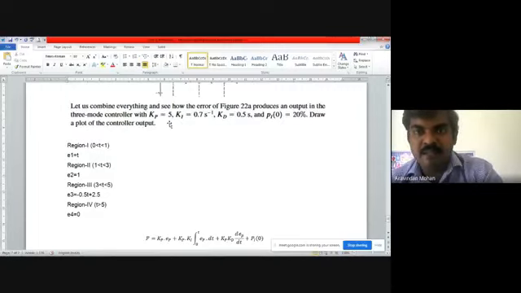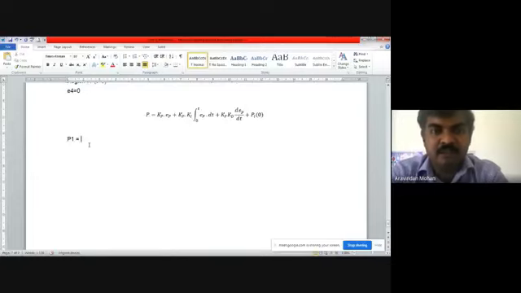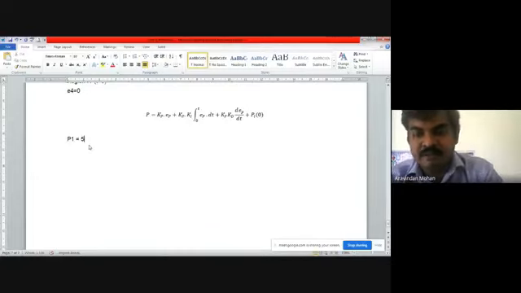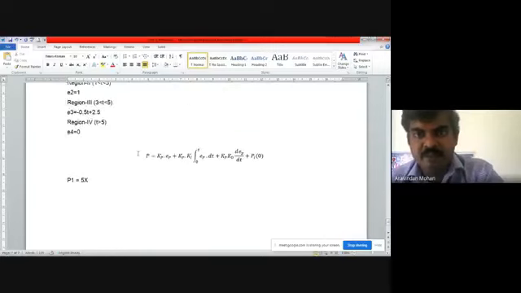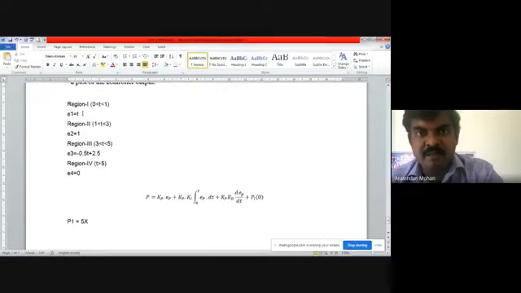The Kp value here has been given as equal to 5. And what is the Ep value? So 5 into how much? Here the error value, first, has been taken as 1.